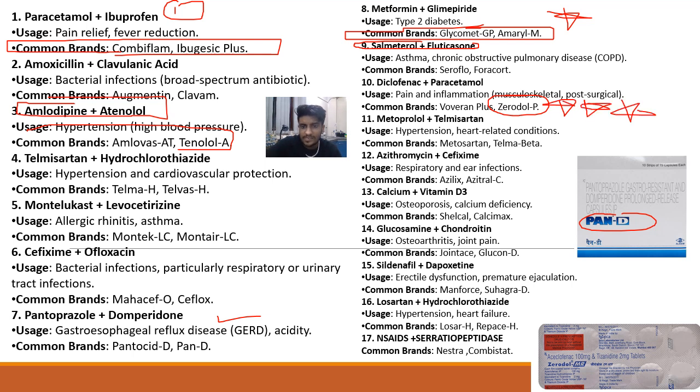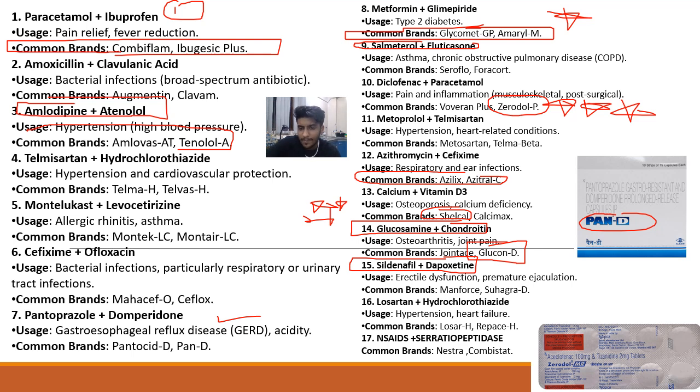Then you have azithromycin, cefixime, Azilex, and Azithral for respiratory infections. Calcium and vitamin D supplements, where Shelcal is the most common brand, Shelcal, right? Calcimax. Then you have chondroitin and glucosamine for joint pains, very commonly used, in which Glucon D is also one of the brands. Then you have dapoxetine, sildenafil, so phosphodiesterase inhibitors for premature ejaculation, preventing that.